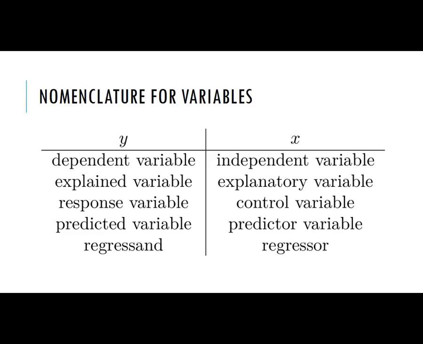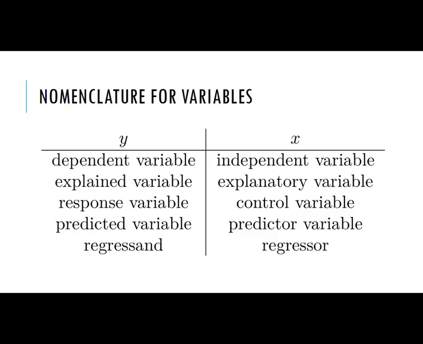The X is the independent variable, the external stuff that is affecting the Y. Y might be called the explained variable, and X is the explanatory variable. So X is explaining how much or how Y is reacting. Y could be the response variable, X could be the control variable, and then Y could also be the predicted variable, and X is the predictor variable.